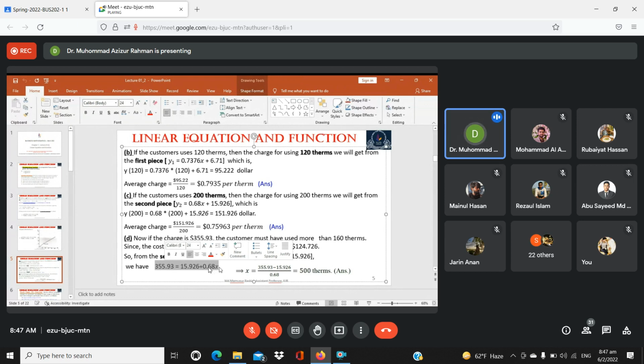This one you keep on one side, this one you put on the other side: x equals (355.93 minus 15.926) divided by 0.68. Then you will get 500 thumbs. The value of x equals 500. So that should be our answer for part D.